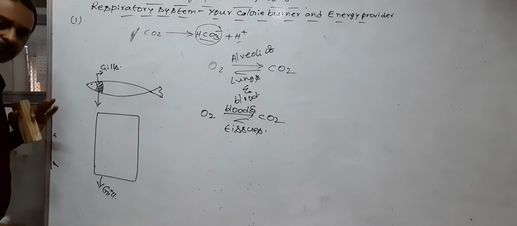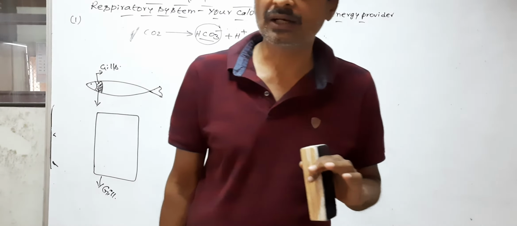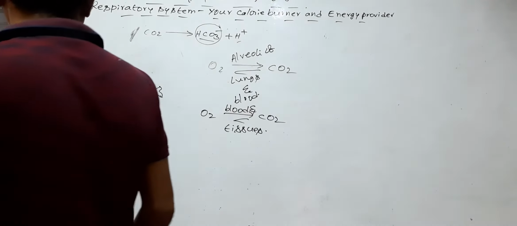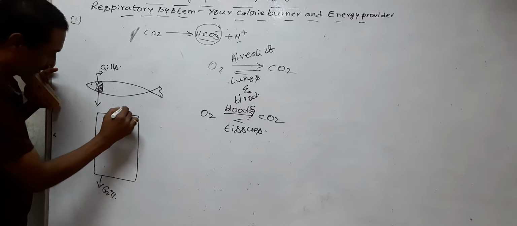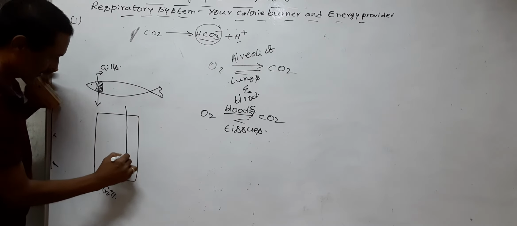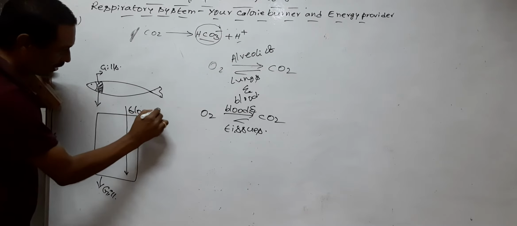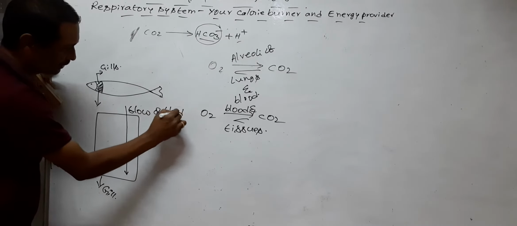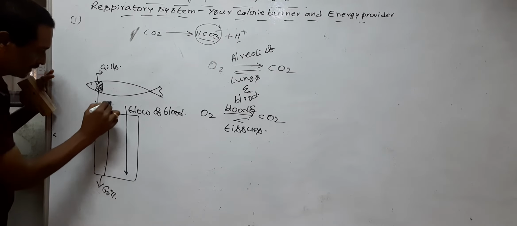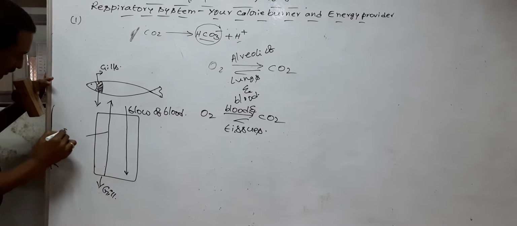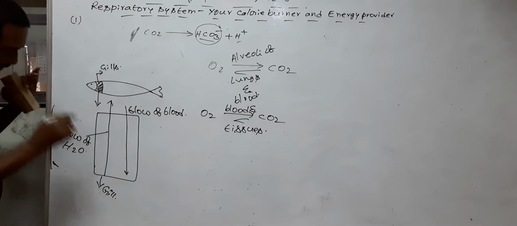Here in the gill breathing animals, the direction of flow of blood in the gills, for example, this is flow of blood. This direction is flow of water.